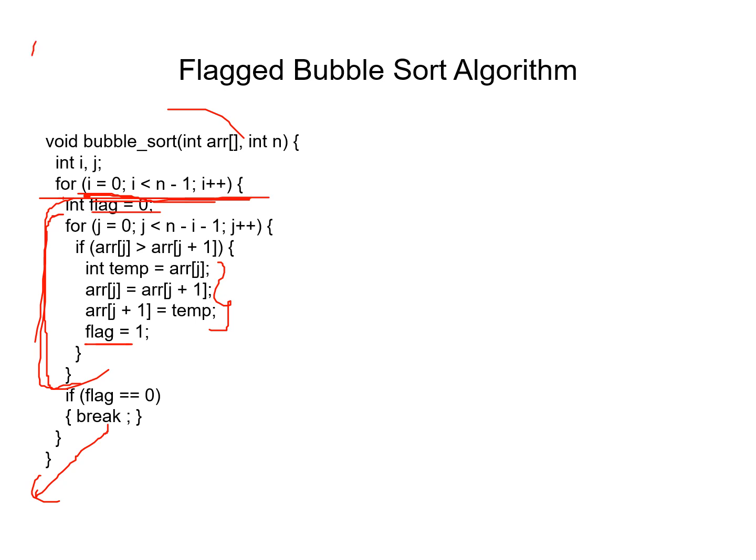In that case, the time complexity will be n, and in the worst case scenario it will be n square, because here it is going n minus 1 times and this one is going n minus i minus 1 times. So in the worst case it will take n square time, but if your array is already in sorted order, this particular for loop will not be executed, meaning no sorting is performed and your array is already sorted.